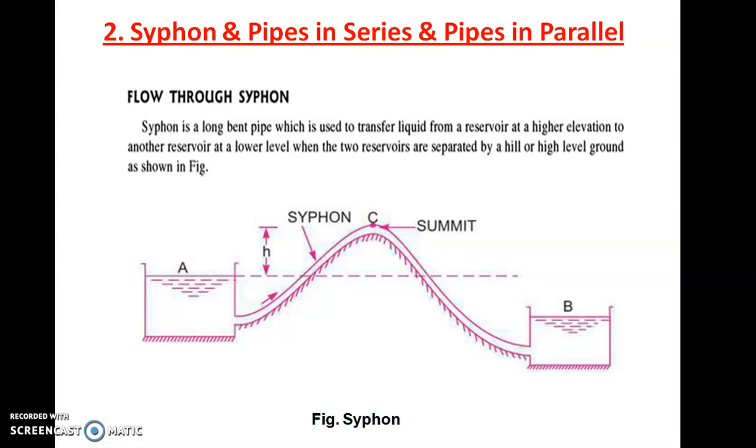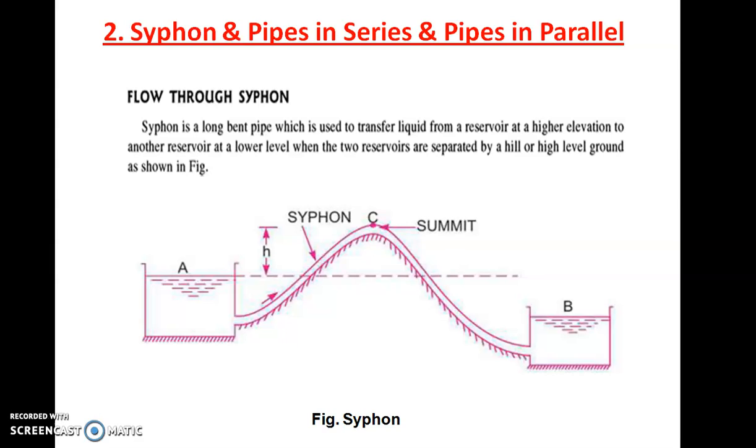See, siphon is also an inherent problem. Means in between point A and B there is a hill or mountain. That's why you have to use the pipelines, which will be going across these hills and mountains. But here we have made use of certain points at the top of the mountain or hill where the pressure decreases and that vacuum is created at that point C, and because of the vacuum the water is sucked at point C and then it is carried further.